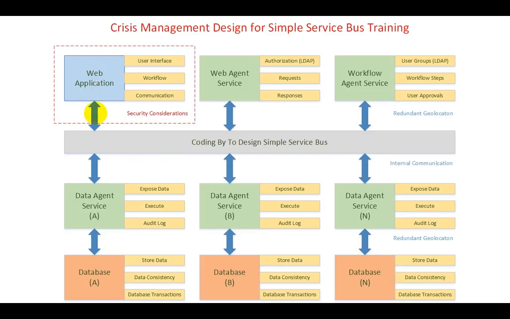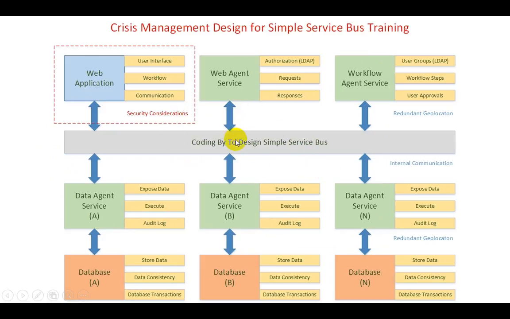So the area around this web application should be protected somehow, and the rest of the communication is inside the backend. So I assume that everything is connected in the internal network.